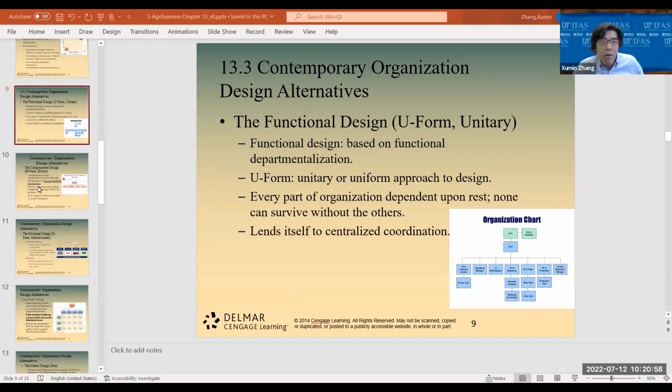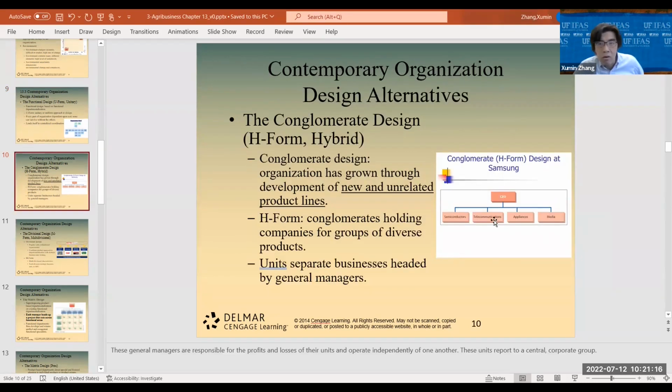And then the second one is we call this conglomerate design. In the textbook, it didn't show anything regarding the hybrid form, right? It's called the H form, and I have to say, the H form is quite special. They put different product lines.